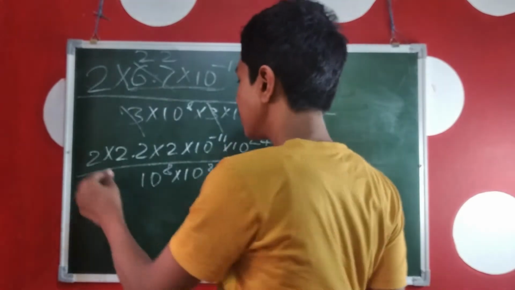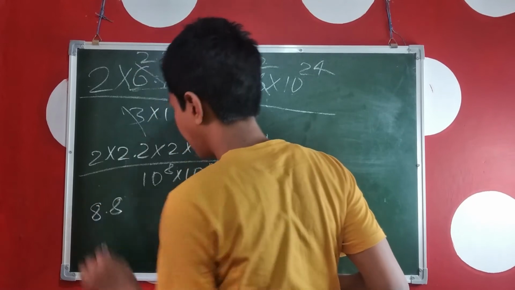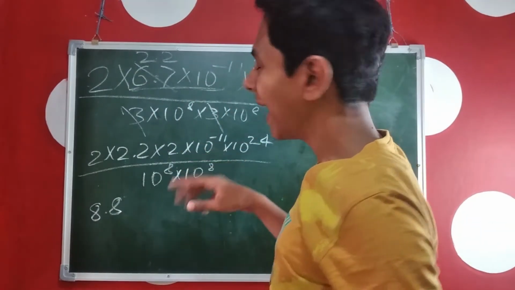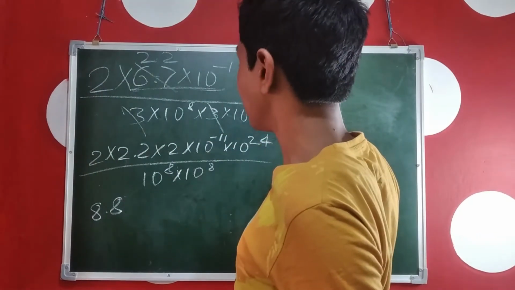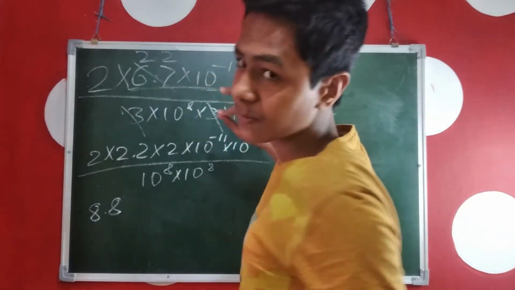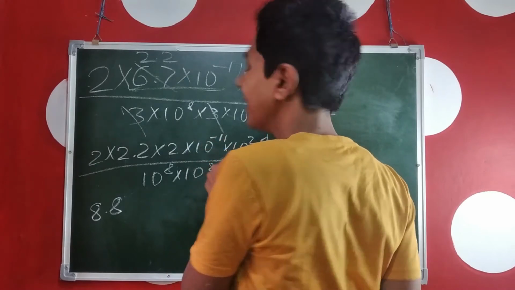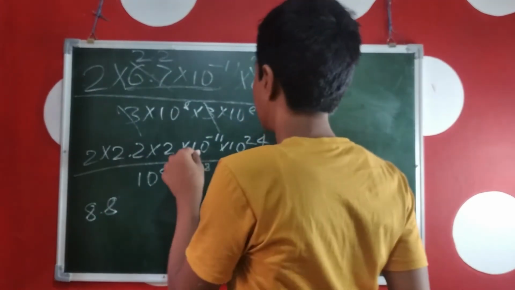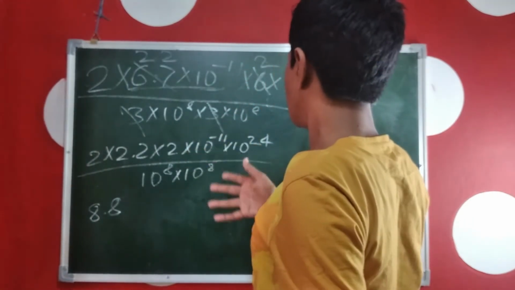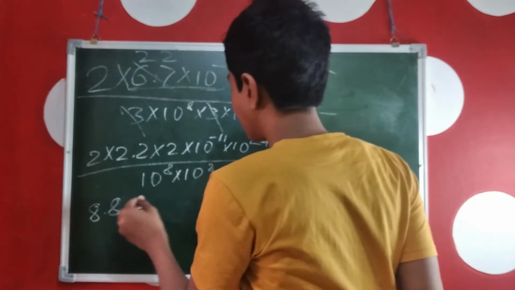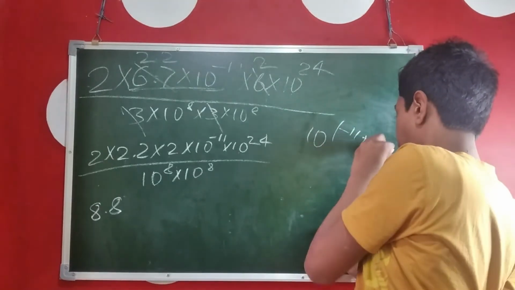Now solve this further. 2 into 2.2 into 2 becomes 8.8. And as we all know from the laws of exponents, if two numbers have the same base and different exponents and they are in multiplication, we add the exponents. So 10 to the power minus 11 into 10 to the power 24 becomes 10 to the power minus 11 plus 24.